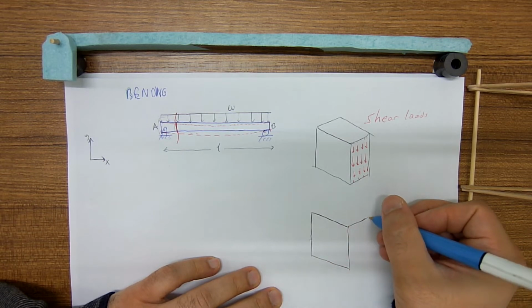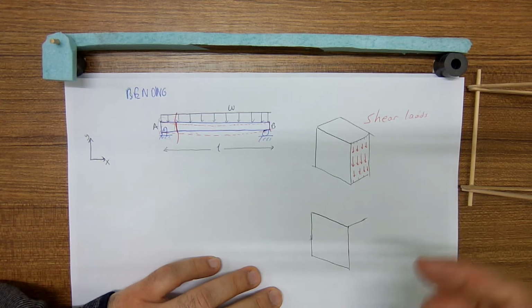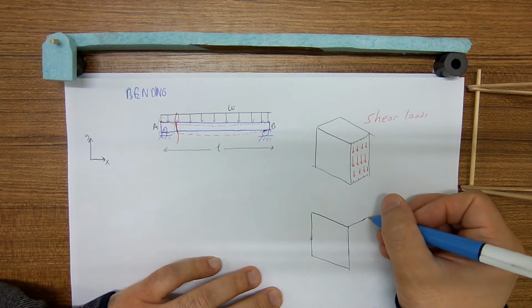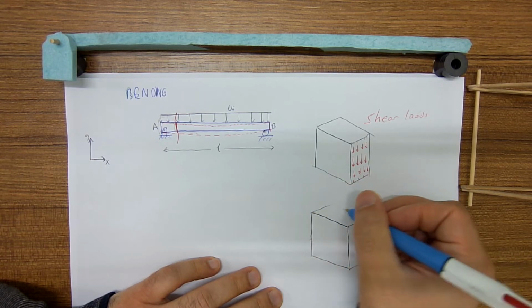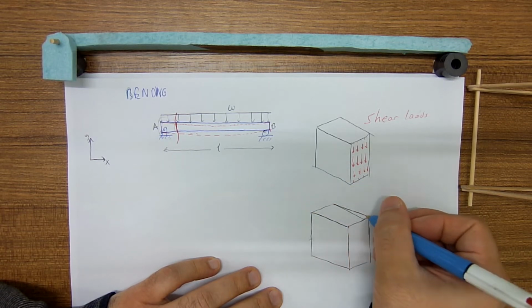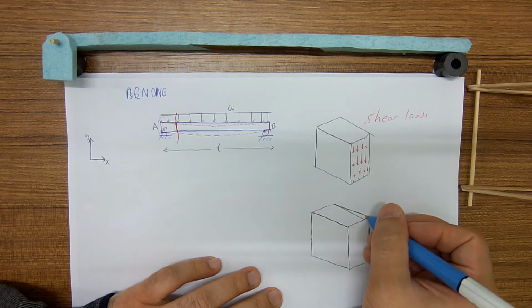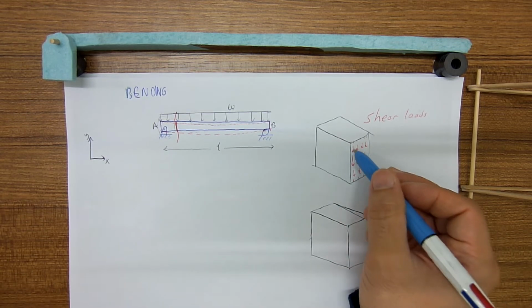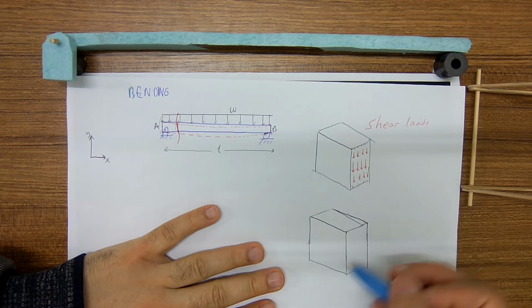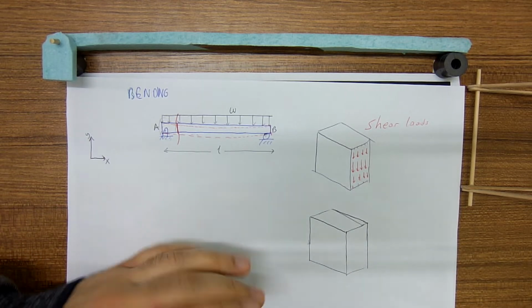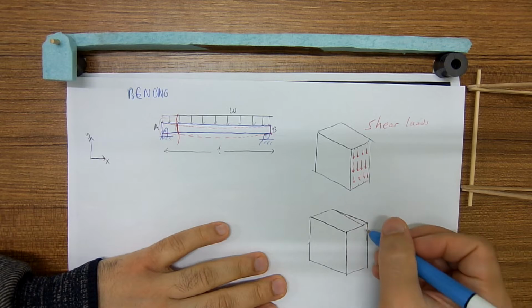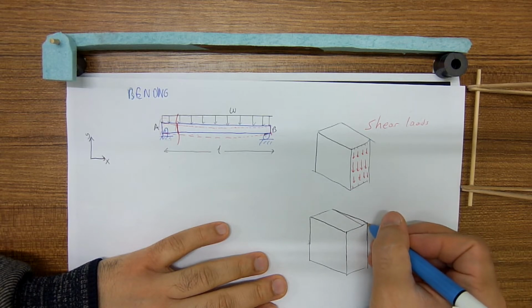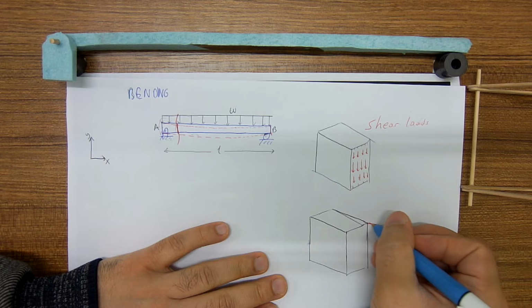It is called normal because it is normal, orthogonal, and vertical to the surface. This is parallel to the surface. Normal loads are vertical to the surface, and the distribution of the normal loads would be like this.